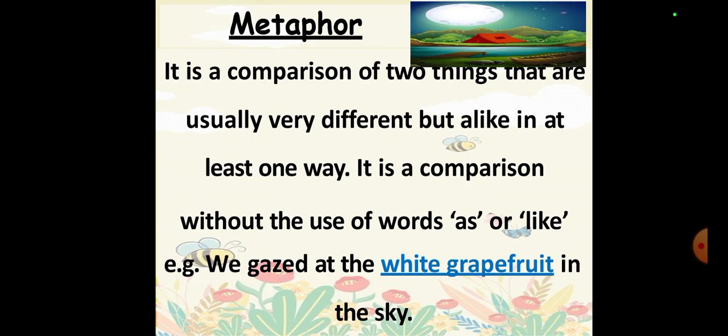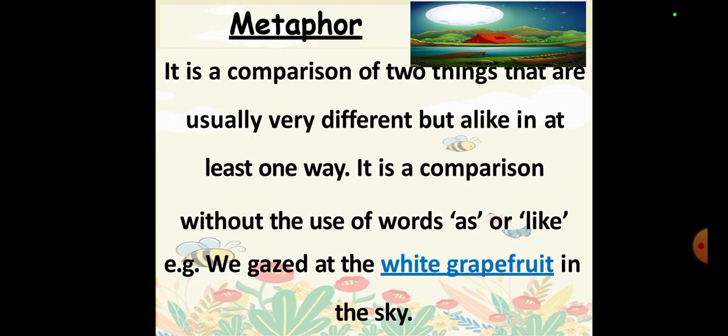Here we basically say something like, we gazed at the white grapefruit in the sky. So they are basically saying how we gazed at the white grapefruit that is present in the sky. Here, the white grapefruit is the metaphor that is being discussed.